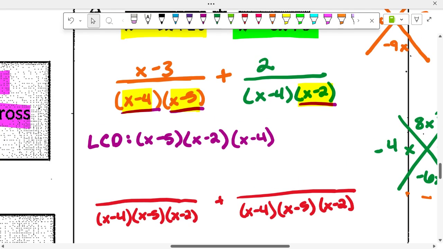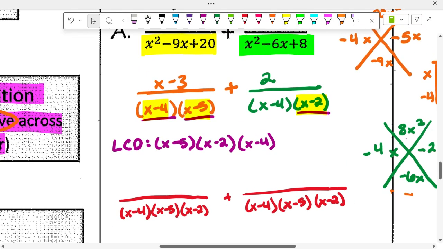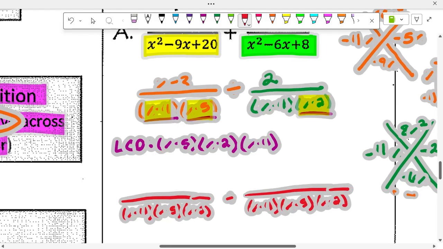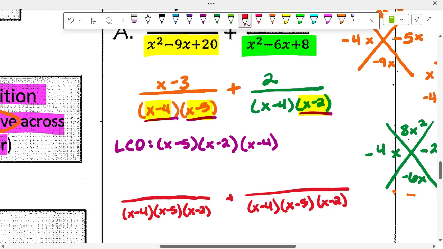So this is a matter of what's missing. Look at the orange fraction. If you look at the denominator and then you look at the LCD, which factor is missing?